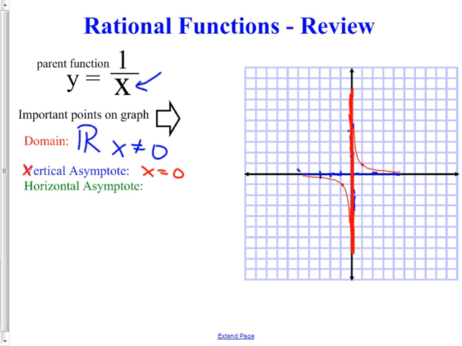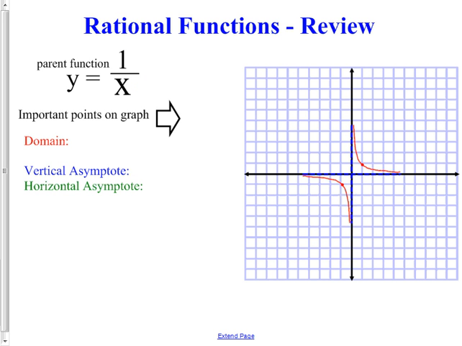All right. And then the horizontal asymptotes, those are always y things. And it will be hard for you to remember which one is which. They're y equals things. And for the horizontal, just look at this picture. The horizontal asymptote is the line.